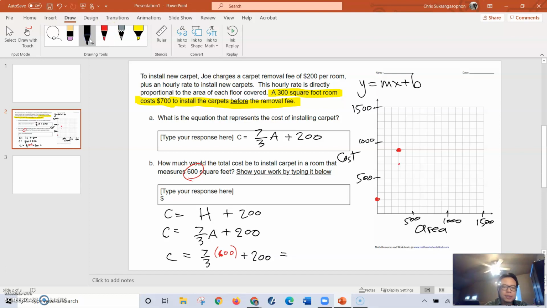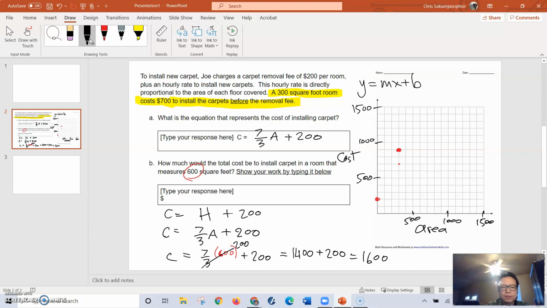So 600 divided by 3 is 200. 200 times 7 is 1400 plus $200 removal fee. So for a 600 square feet room, it would cost a total of $1,600 to install the carpet.